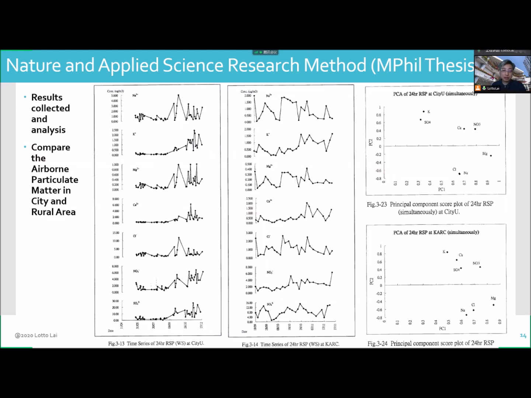The results are presented using diagrams with time history and time series, and for analysis we use classification with principal component analysis. You can see the scores group together differently, and they have different relationships for analysis.